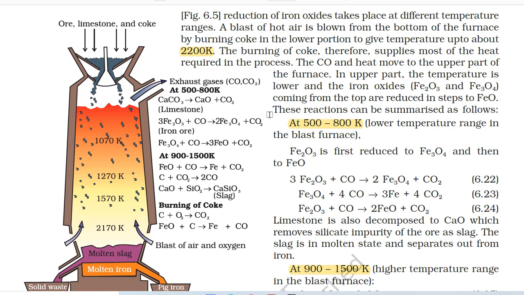At 500 to 800 Kelvin, the lower temperature range in the blast furnace, Fe2O3 is first reduced to Fe3O4 and then to FeO. 3 Fe2O3 plus carbon monoxide gives 2 Fe3O4 plus carbon dioxide. Fe3O4 plus 4 carbon monoxide gives 3 Fe plus 4 carbon dioxide. Fe2O3 plus carbon monoxide gives 2 FeO plus carbon dioxide.